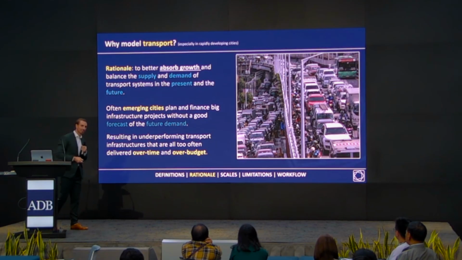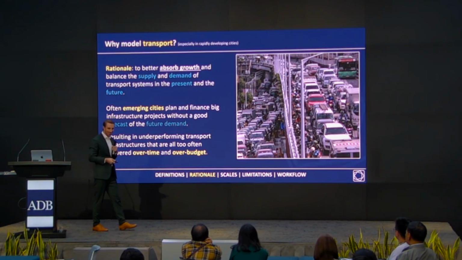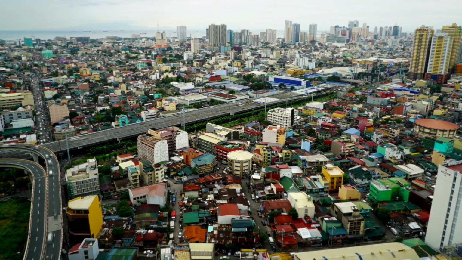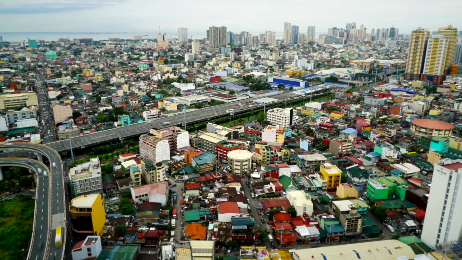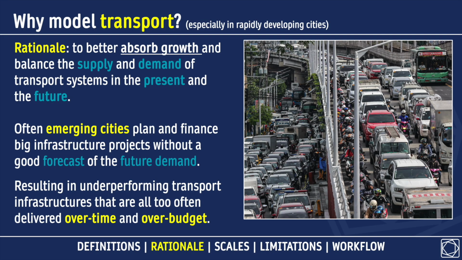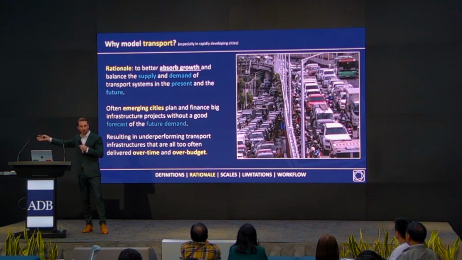Again, in the last session and in yesterday's sessions, we talked a lot about you having to work in a context of growth, very rapid growth. And your job is to find ways to better balance the supply and demand of transport systems in the present, but also in the future. You're all thinking about how your cities will perform in the next 5 years, but also 2030, 2050.